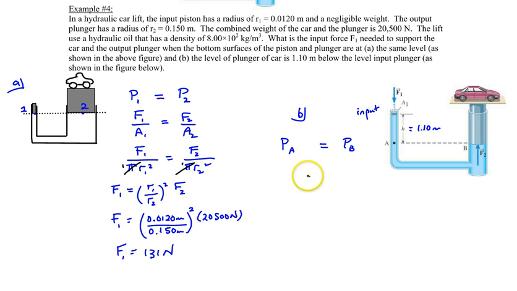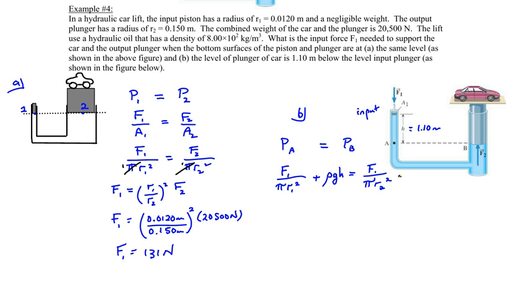So we have the force per unit area, F1 over pi R1 squared, plus this additional hydrostatic pressure, rho g h. That's equal to the pressure at B, which is the weight of the plunger and the car together divided by pi R2 squared.